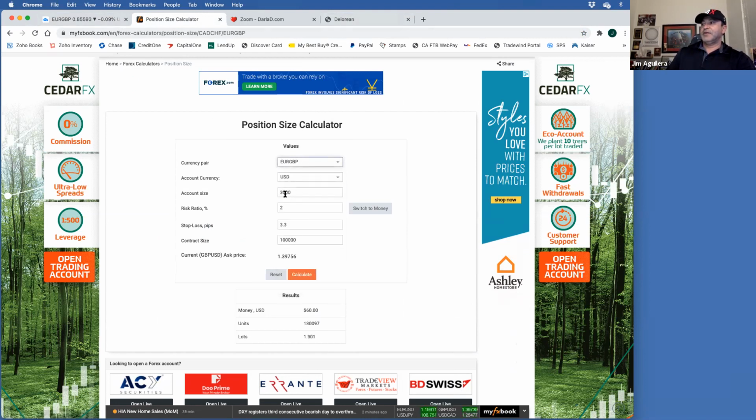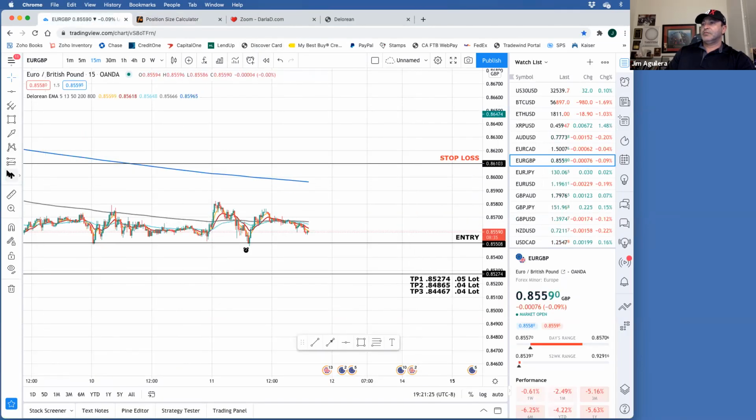And then of course we have our size. And then, like I said, for me, I can risk 2% always. Bryce actually, sometimes he says 1, 2, 3%, or he'll say like 3% max. So let's just say you did 3%. And then we need to find out what those stop loss pips are. So the easiest way for me is just to grab that ruler.